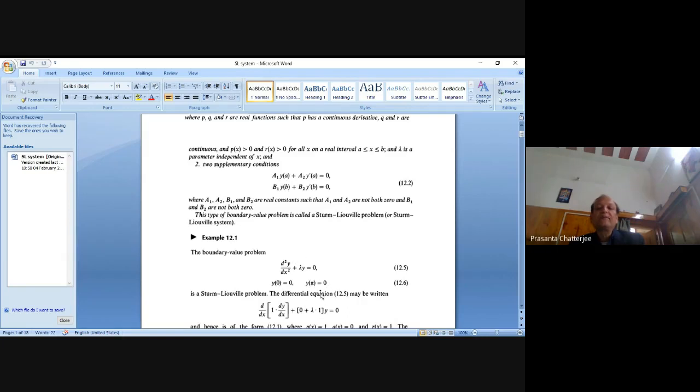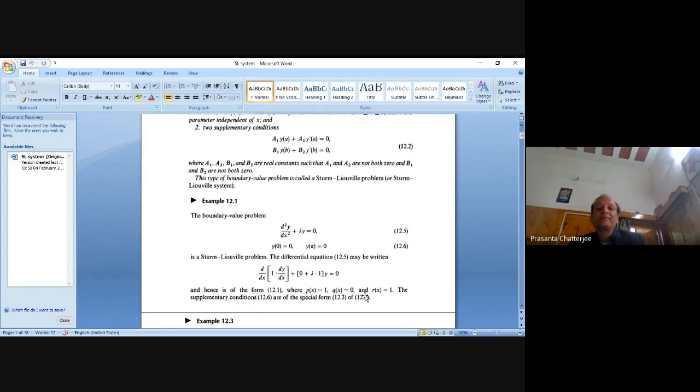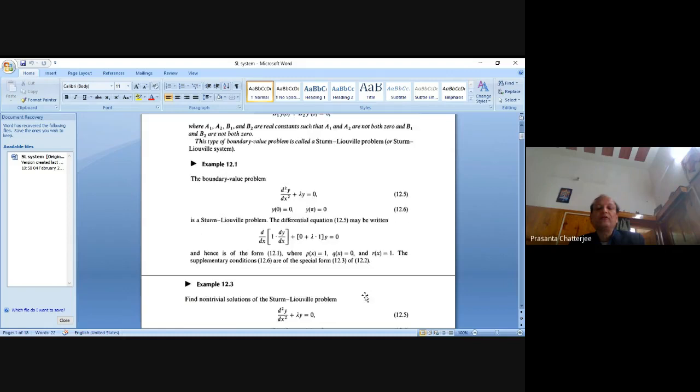So this is a Sturm-Liouville problem, as it can be written in the form d/dx of (1 times dy/dx) plus (0 plus lambda) y equal to 0, where p equals 1, q is 0 and r is 1. So p, q, r satisfy all the restrictions of the Sturm-Liouville problem, and hence it's a Sturm-Liouville boundary value problem.